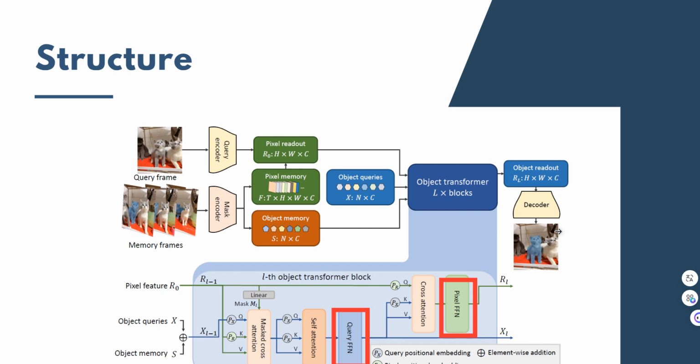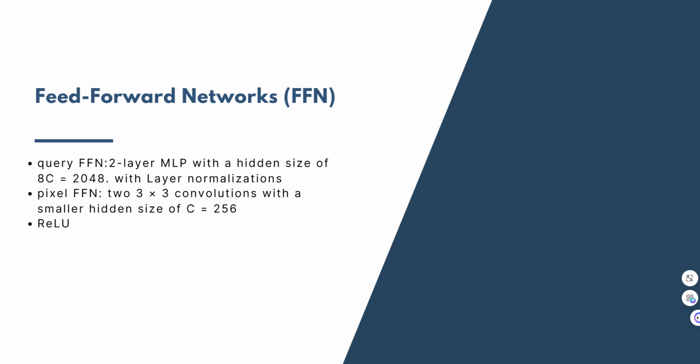Okay, and next is the FFN. There are two kinds of FFN in the structure, called the query FFN and the pixel FFN. FFN stands for feed-forward network. The query FFN has a 2-layer MLP, and the pixel FFN has a 3x3 convolution.